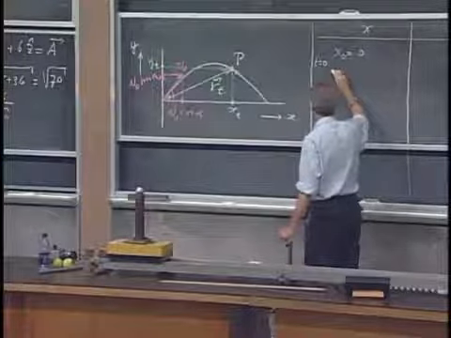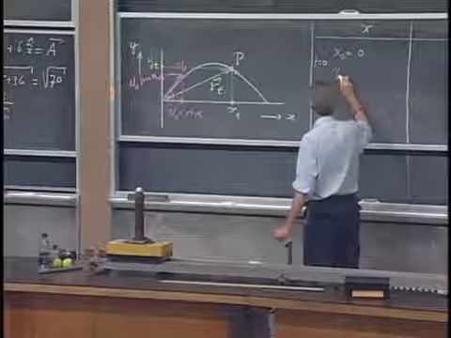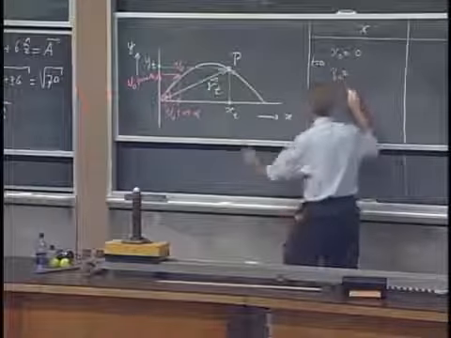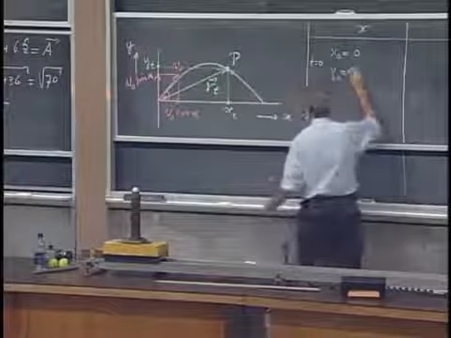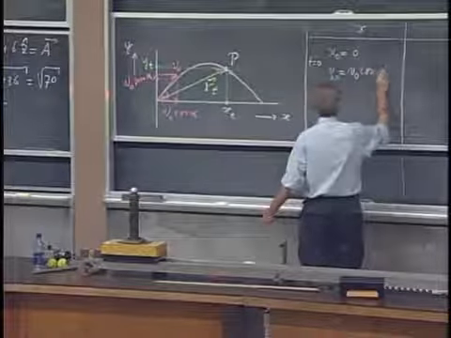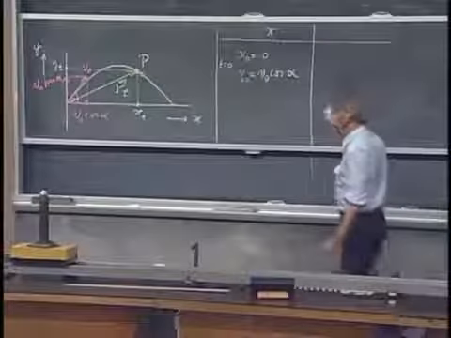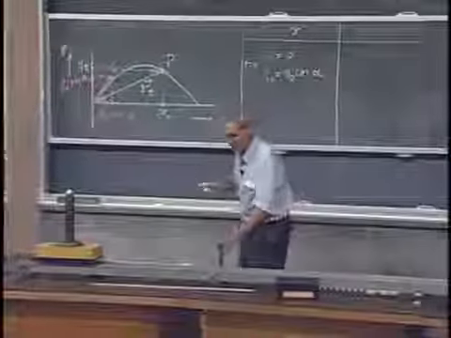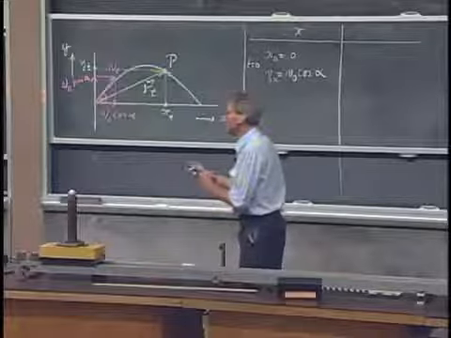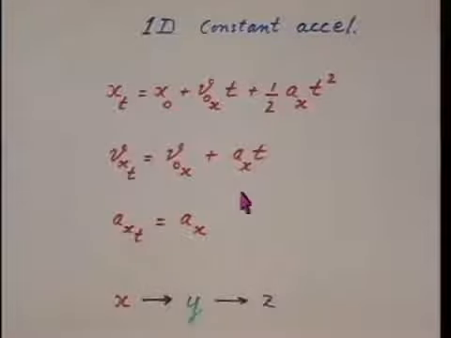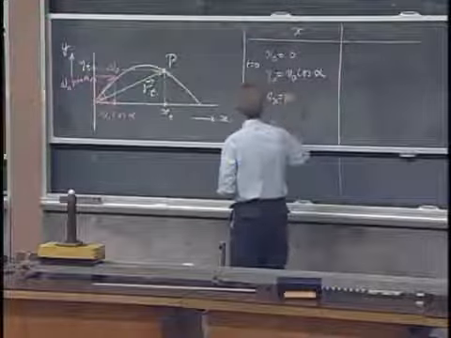The velocity at t equals 0, which we have called v0x, is this velocity, v0 cosine alpha, and is not going to change. Why is it not going to change? Because there is no a of x. So this term here is 0. We only have this one. So at all moments in time, the velocity in the x direction is v0 cosine alpha. And the a of x equals 0.